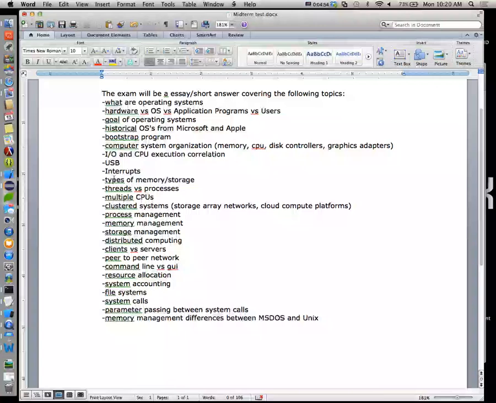Interrupts. So this relates to the bullet point above, the I/O and CPU execution correlation, how the CPU gets interrupted. And again, at the high level, how expensive that is. And maybe that even connects up to this bullet point here, dealing with memory and CPU, how the CPU gets scheduled. So each process, each program gets some time on the CPU.